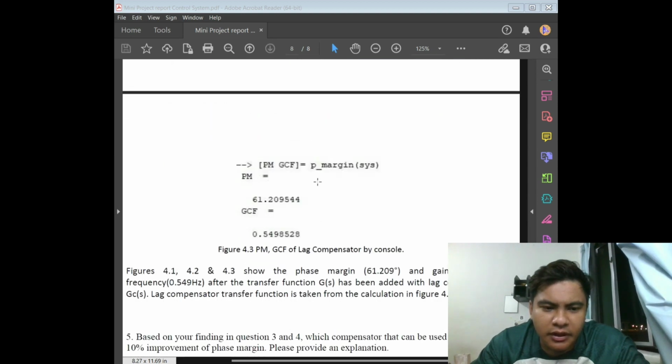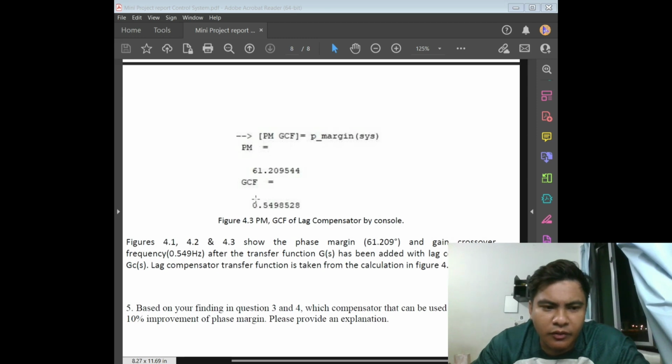And this is the phase margin and gain crossover frequency of the lag compensator from Scilab. Figures 4.1, 4.2 and 4.3 show the phase margin and gain crossover frequency after the transfer function has been added with the lag compensator, and the lag compensator transfer function is taken from the calculation in figure 4.